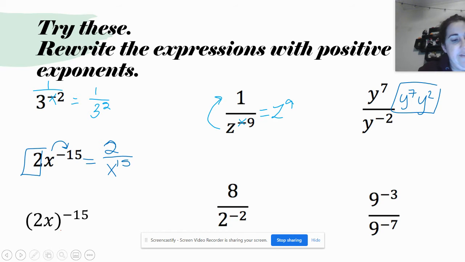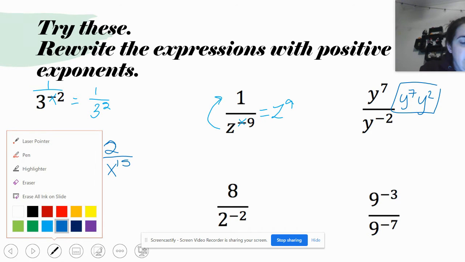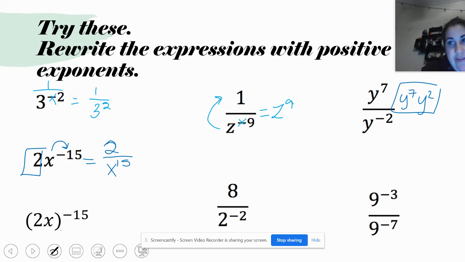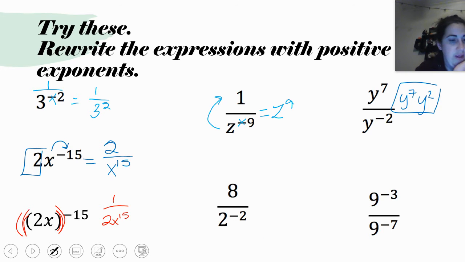Well, what happens if the 2x is inside of the parentheses here? Well, then we would put all of it under 1 because of these parentheses. All right, right here, 8 divided by 2 to the negative 2, well, this would be 8 times 2 squared.